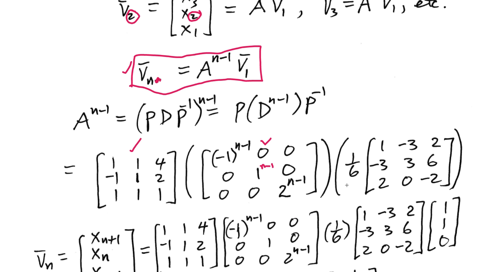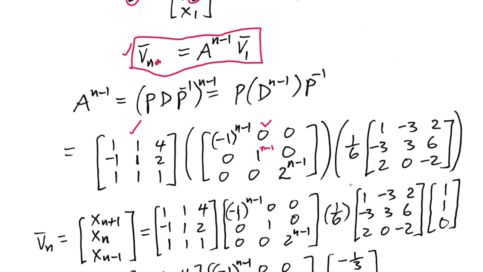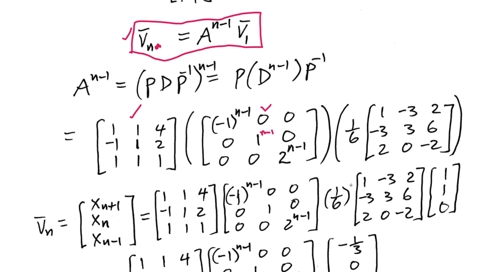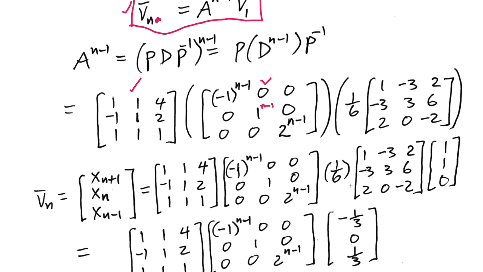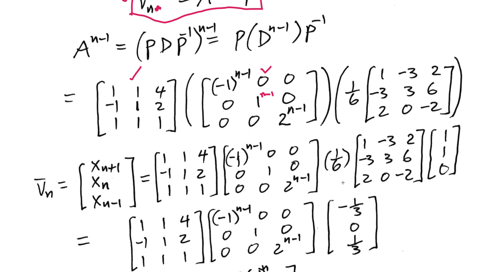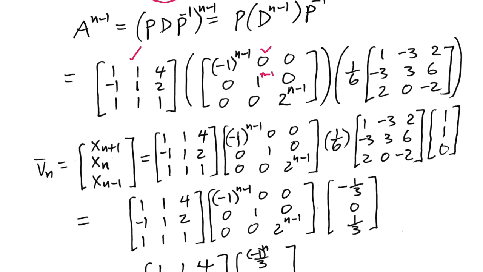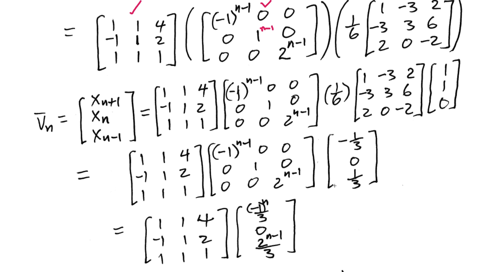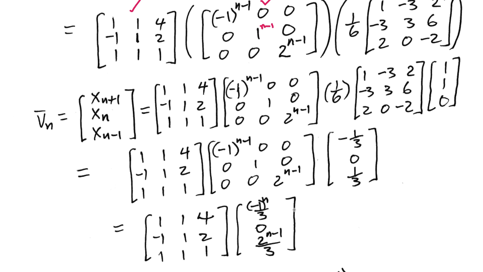And the rest is basically a raw calculation, going through all the details, so I'll let you look at that. Just multiplying these all together. Now, what I'm interested in is the middle entry.